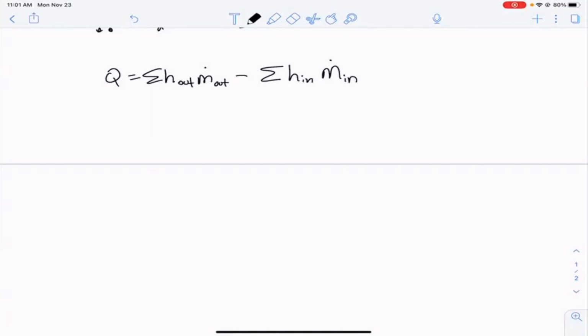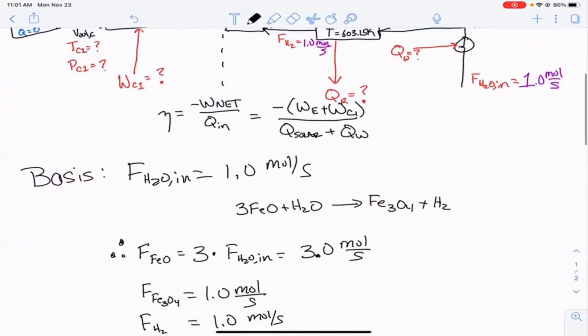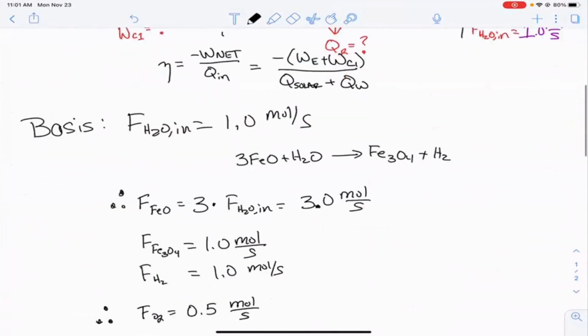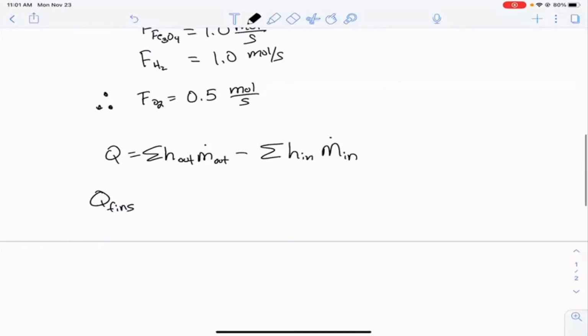So if we look at the fins, for example, in our process flow diagram, remember that the only thing that enters the fins is FeO. And the only thing that leaves is FeO. And so if that's the case, then the heat for the fins is just equal to the flow rate of FeO times the difference in the enthalpy.